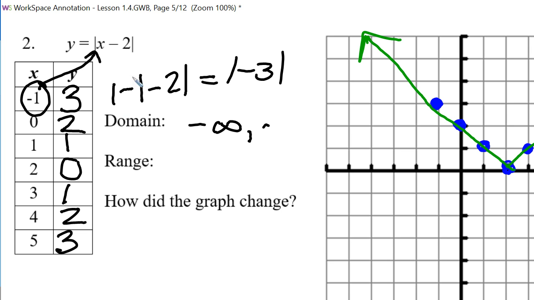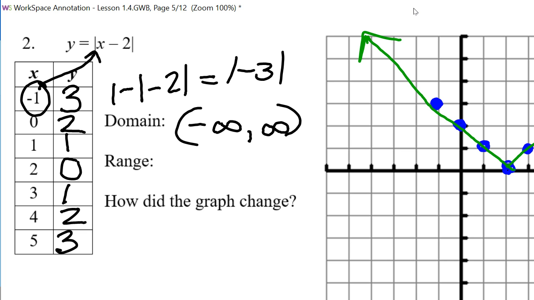No, so both of these get parentheses. What does range mean? The y value. So if you look at your vertex, what is the y value at the vertex? 0.